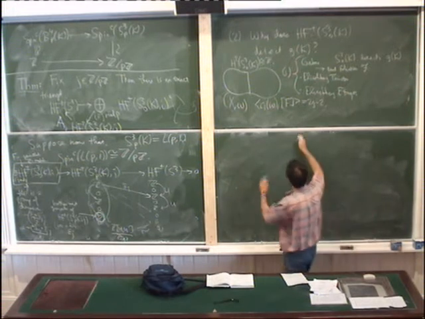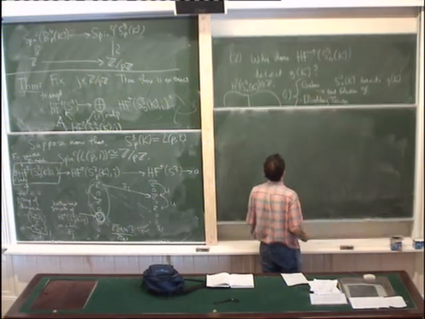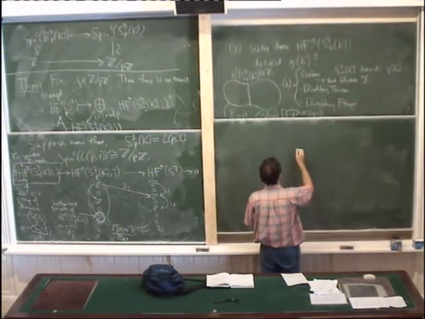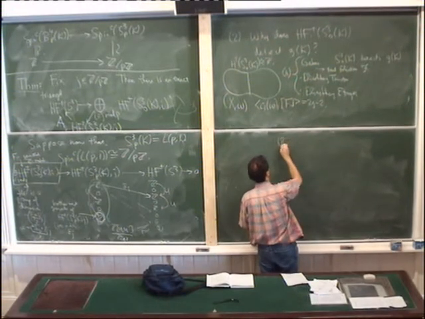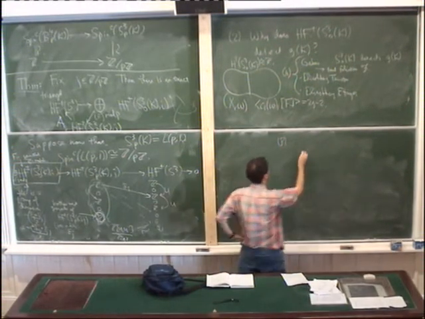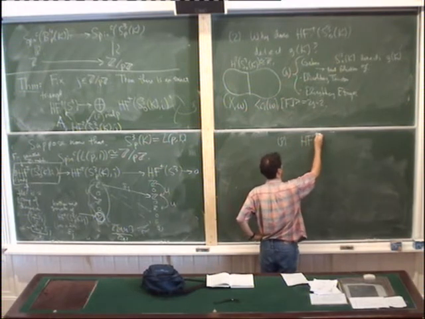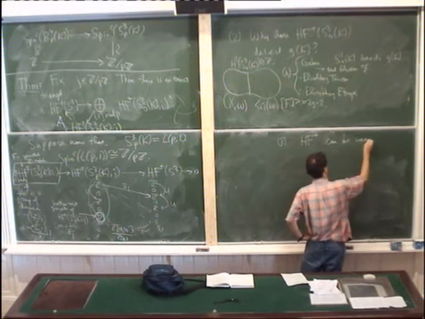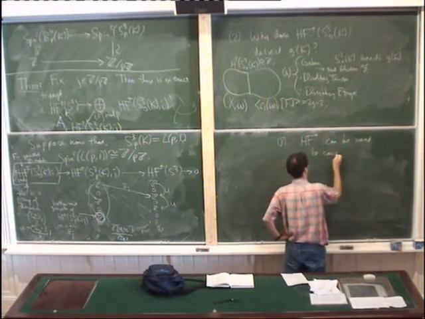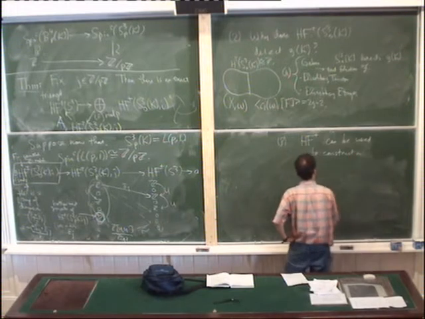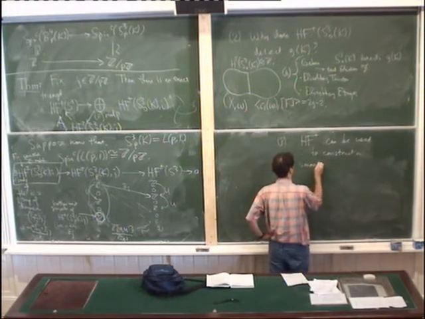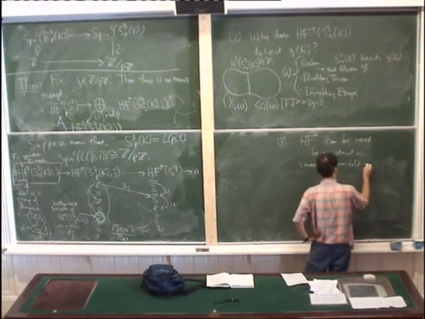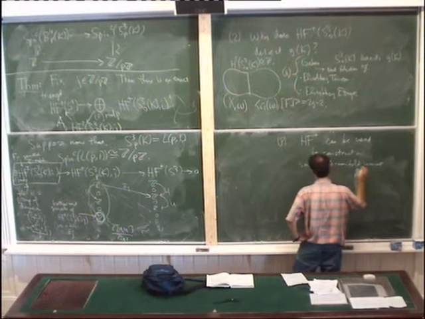But then the second, maybe I shouldn't call that 1, maybe I should call it A. And then B, one shows that Heegaard Floer homology can be used to construct a smooth 4-manifold invariant phi.